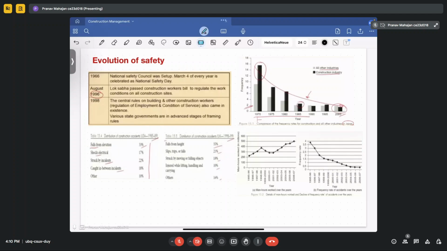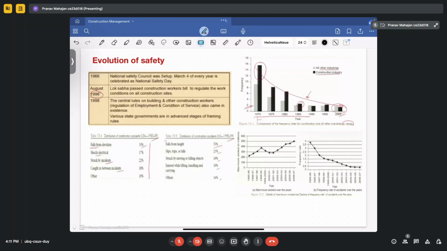In 1966, the National Safety Council was set up, and on March 4 of every year we celebrate it as National Safety Day. After 30 years, in August 1996, the Lok Sabha passed a workers' bill to regulate the work conditions on all construction sites.